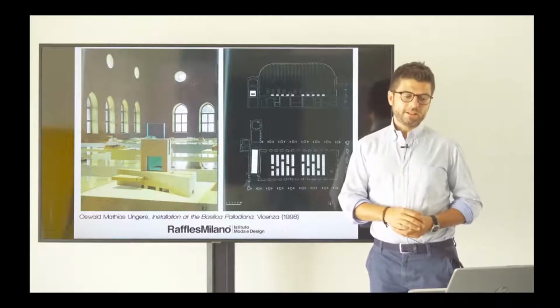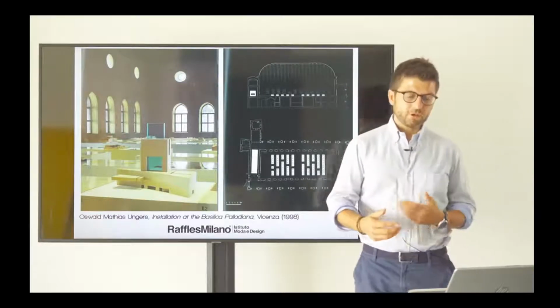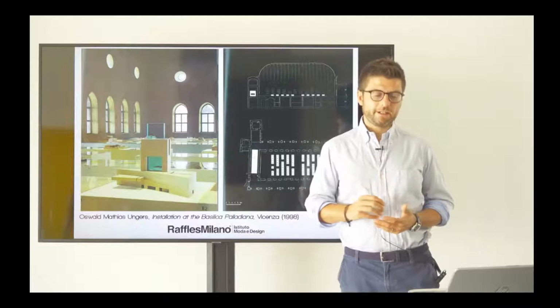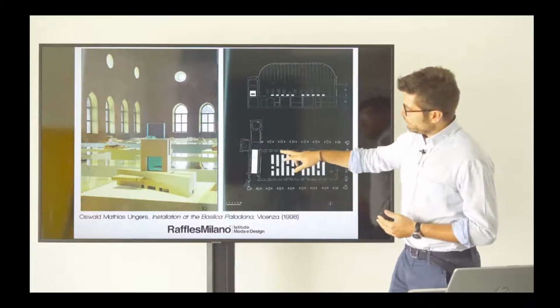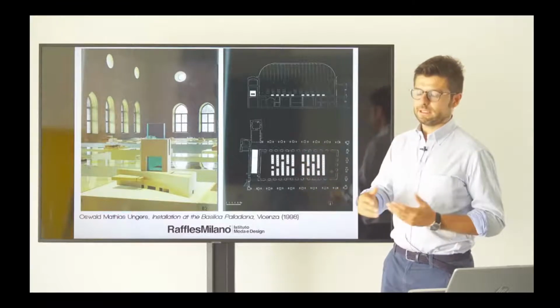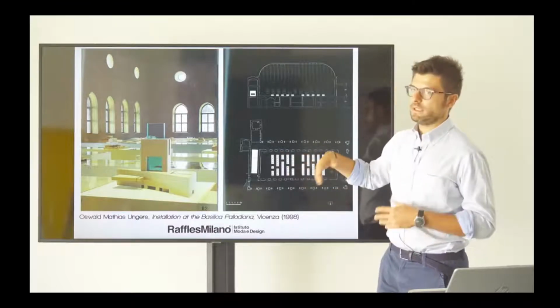Completely different and completely at the opposite is the approach followed by Oswald Matthias Ungers, who is a German architect who made the installation for his work, basing his idea on a certain simplicity. So the natural world that we saw before is really far now. The space and the modules are organized in this way, so we have always the same module as before, but a rhythm that is irregular.